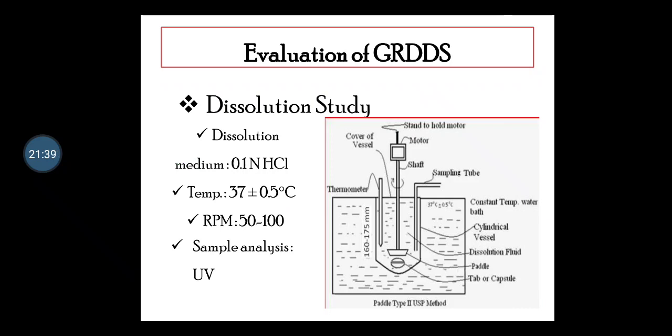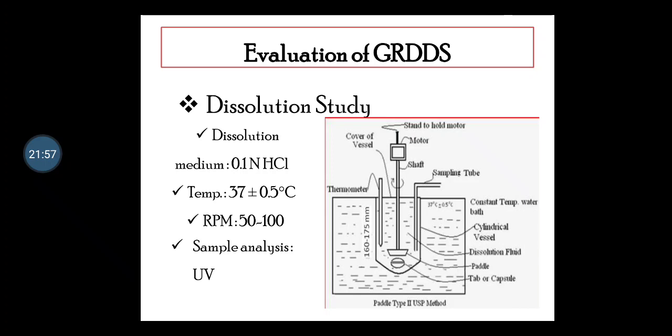Apart from that, there is the dissolution study, where in the diagram you can see the USP type 2, the paddle method, is used for the dissolution study to determine the cumulative drug release.